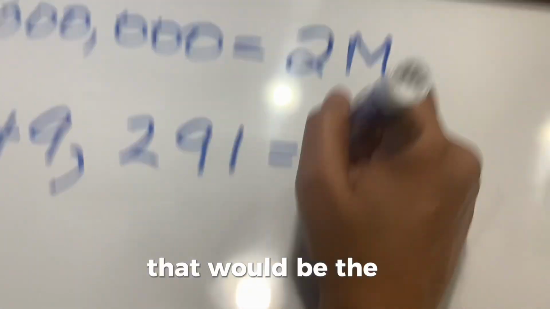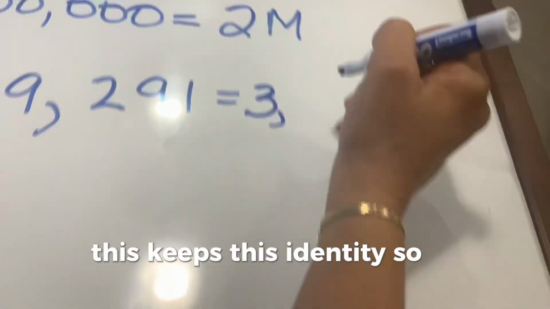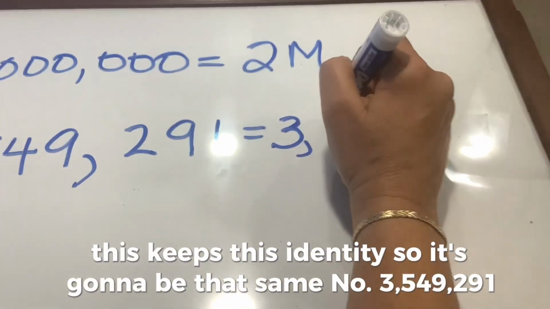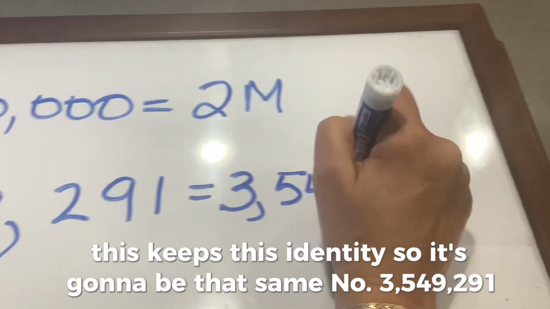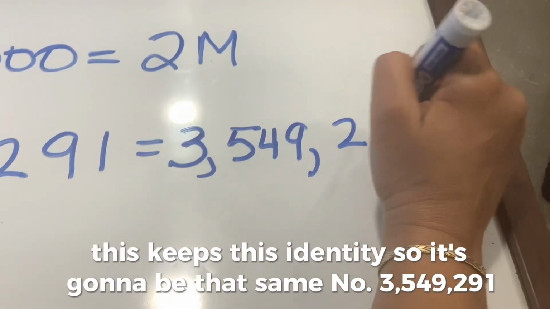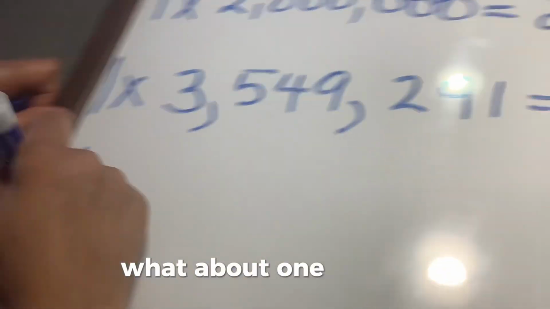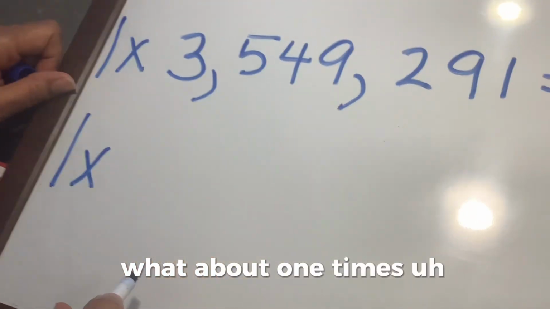It keeps its identity, so it's going to be that same number, 3,549,291.